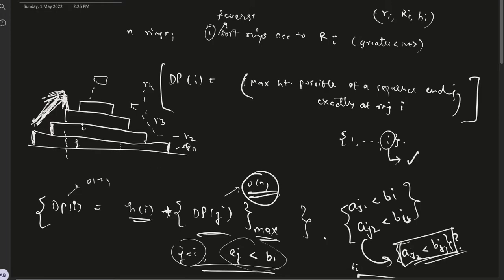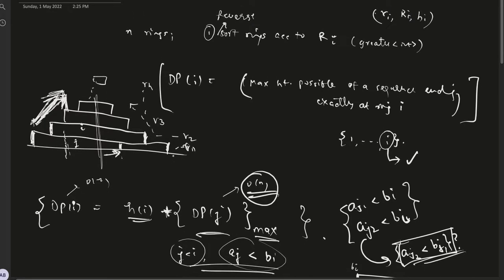And if R2 is above R1, then the inner radius of R1 should be less than the outer radius of R2.